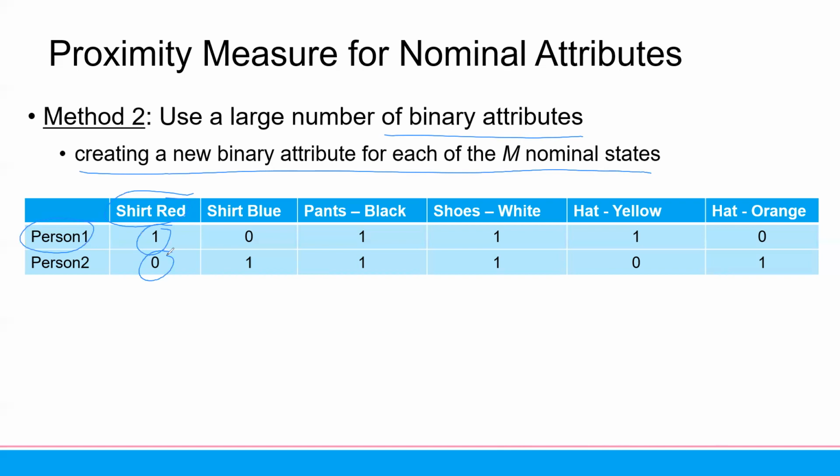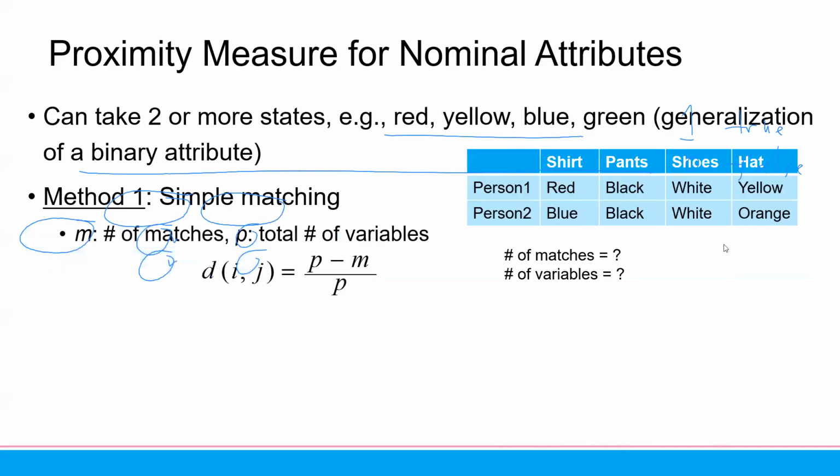So we put 0 here and we put 1 for person 1. What about the blue shirt? The blue shirt is in person 2, but not in person 1. So if the data equals 1, then it is true. And if the data equals 0, it is false. Okay. And this is based on the data that we get from here. So shirt red is for person 1 and shirt blue is for person number 2.